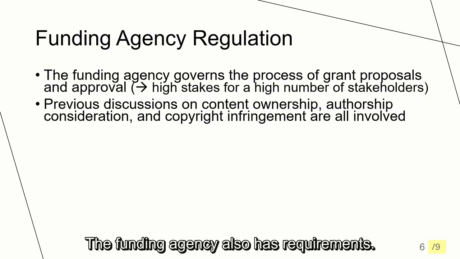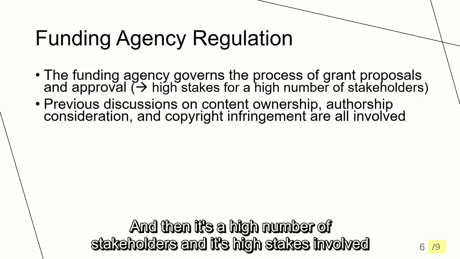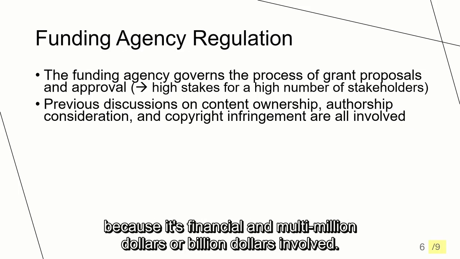The funding agency also has requirements. Funding agencies, such as government agencies, process grant proposals, and there are a high number of stakeholders and high stakes involved, because it's financial, with multi-million or billion dollars involved.